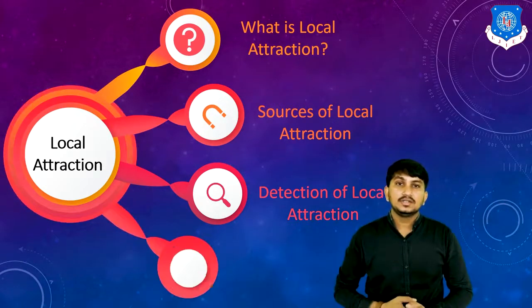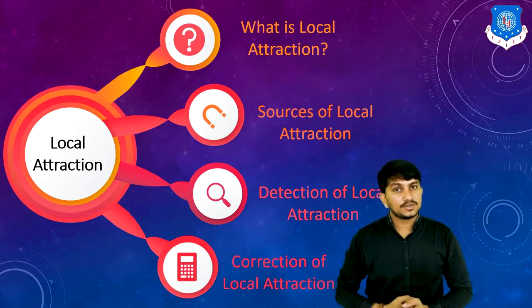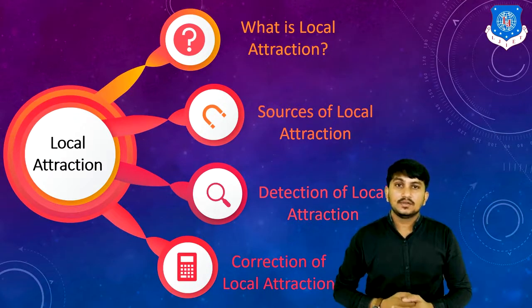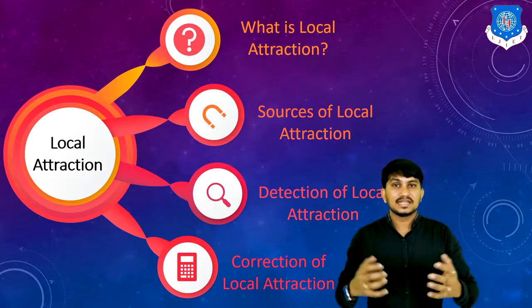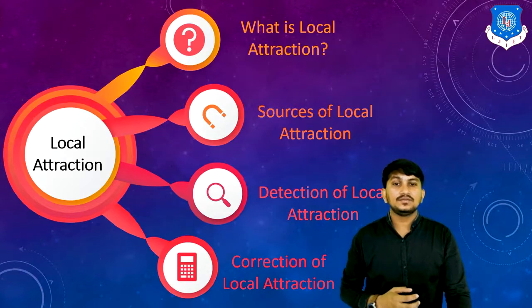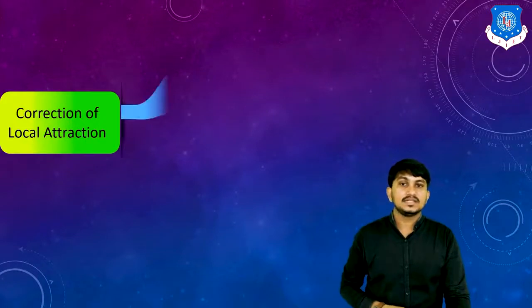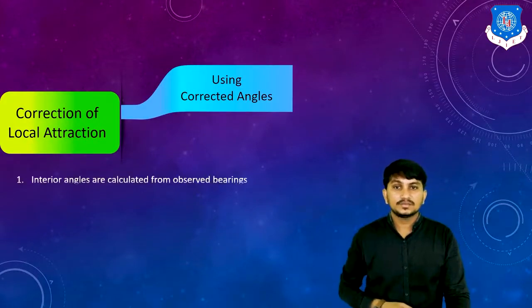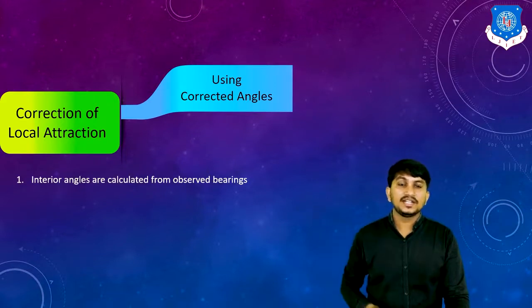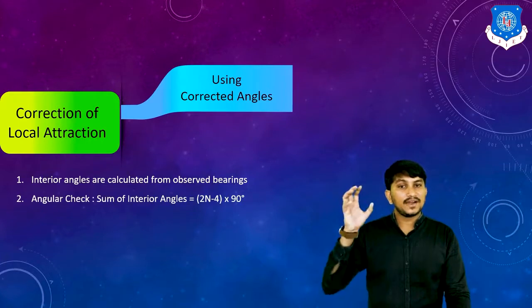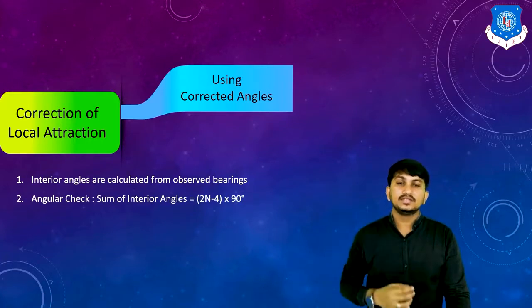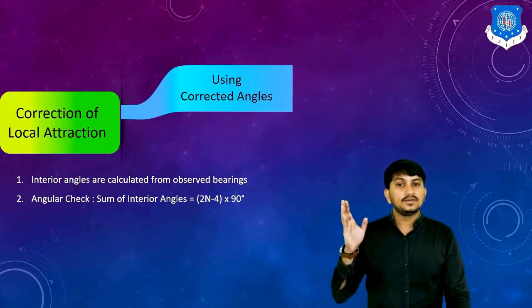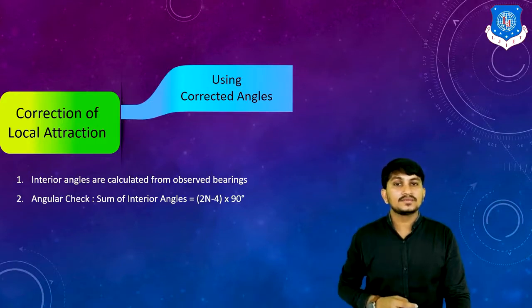After finding out the stations affected by local attraction, we have to correct the values measured at the stations. So for correction of local attraction, we can use two methods. First is using corrected angles. For that method, first we have to find out interior angles of observed bearings. After finding out interior angles, we have to check those angles by sum of interior angles is equal to (2n minus 4) into 90 degree.